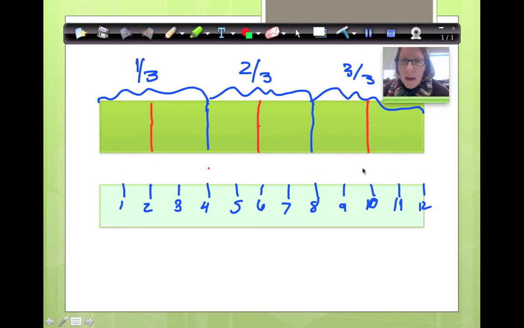Okay. Now, how many parts do I have in my whole? I have 1, 2, 3, 4, 5, 6 parts, which means that I have now partitioned my paper into sixths. So this is how you write sixths. It's hard to say. It's a TH. Sixths. Okay, so let's count our sixths.